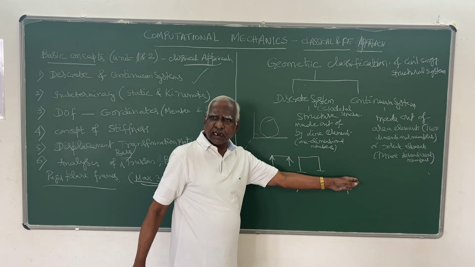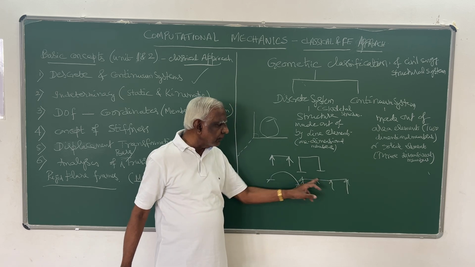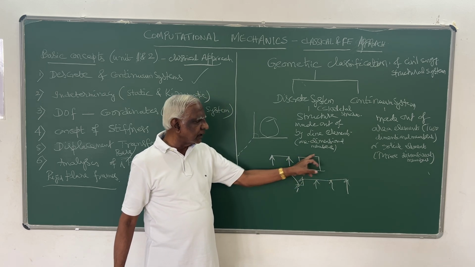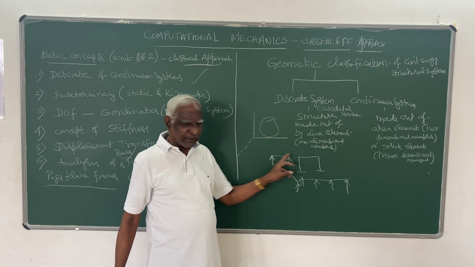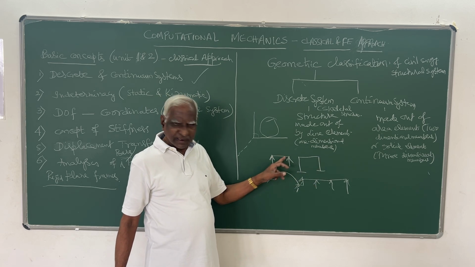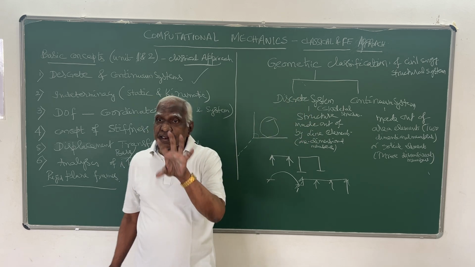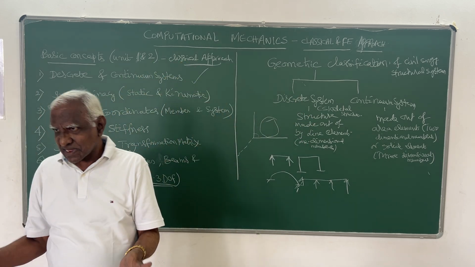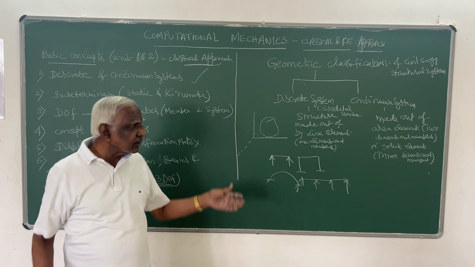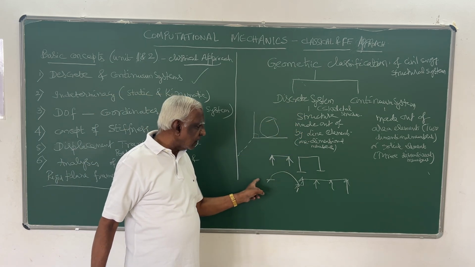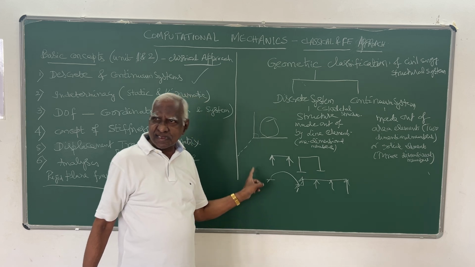See, this continuous beam is made out of only straight line elements. This is also made out of only line elements. Here, line elements. All these we call discrete structures, civil engineering structural systems made out of only line elements. These are all called skeletal structures.